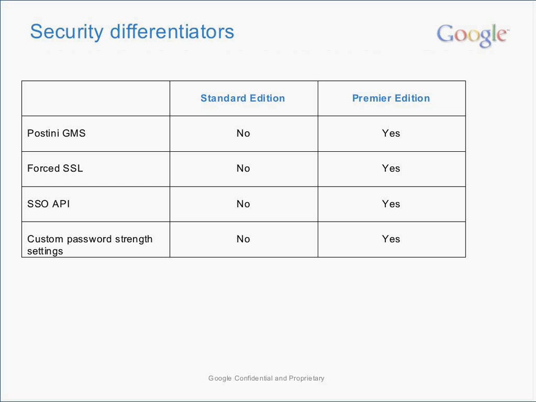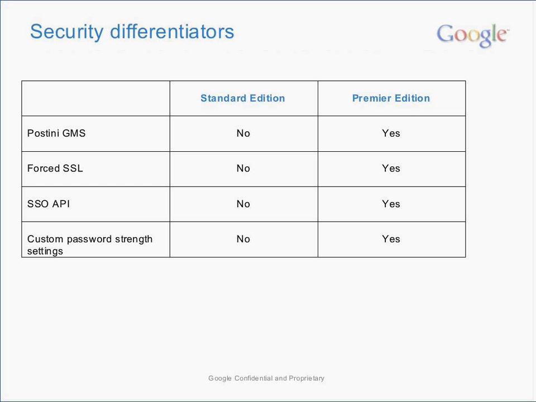They can set up content filtering policies like, we don't want Excel files coming or leaving the system. They can check for social security numbers. They can do compliance footers for all outgoing email. So there's a lot of additional functionality that they're getting with the Premier Edition by the addition of this one tool, the Postini Google Message Security.